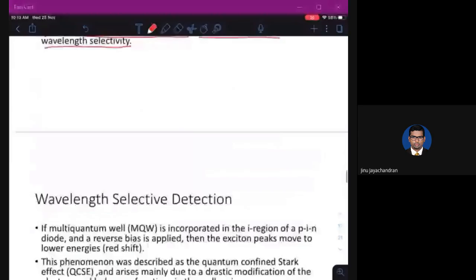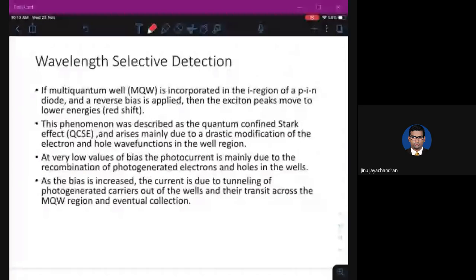So here the basic thing is the quantum confined Stark effect. If multiple quantum wells are incorporated in the I region of a PIN diode and a reverse bias is applied, then the exciton peaks move to lower energies. This is called the quantum confined Stark effect.